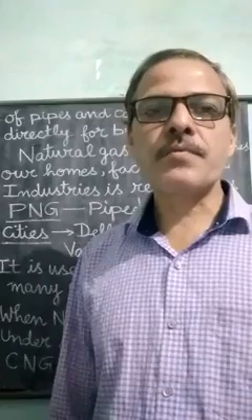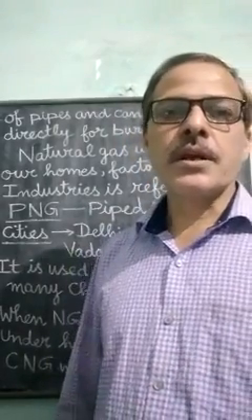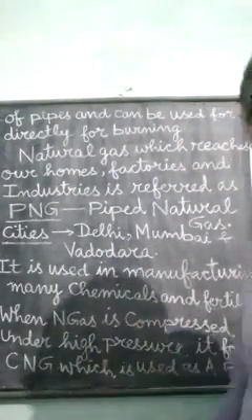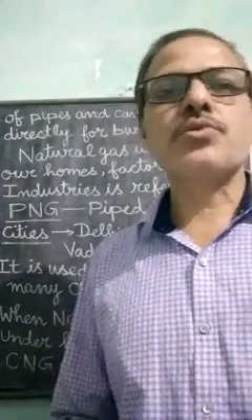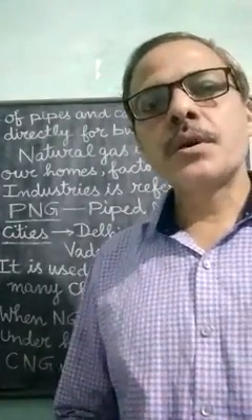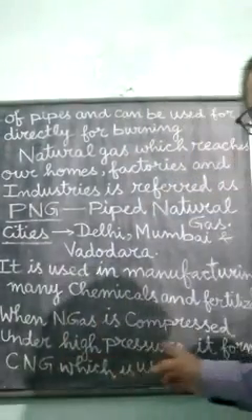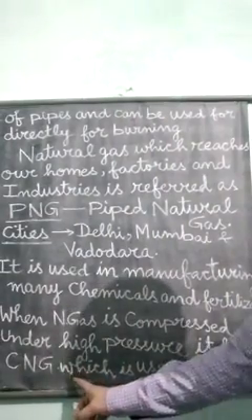In the chapter of combustion also we have discussed CNG and LPG, and here once again this abbreviation CNG is coming. So how is this CNG formed? This CNG is also formed from the natural gas when it is compressed under very high pressure. Then it forms the CNG.